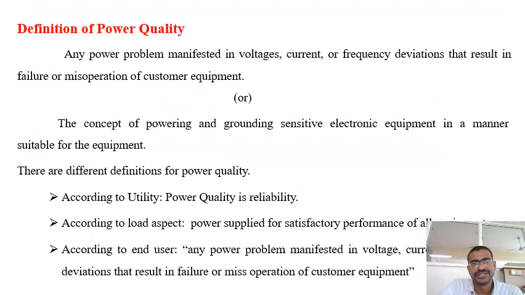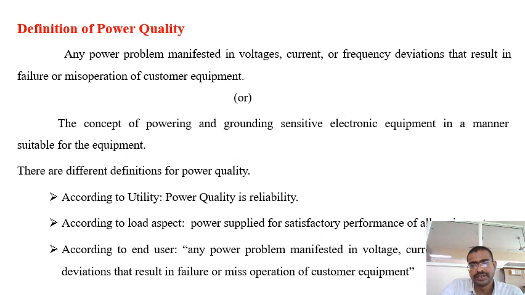Coming to the definition, power quality is defined as any power problem manifested in voltage, current or frequency deviations that results in failure or misoperation of customer equipment. According to IEEE standards, power quality is defined as the concept of powering and grounding of sensitive electronic equipment in a manner suitable for the equipment.